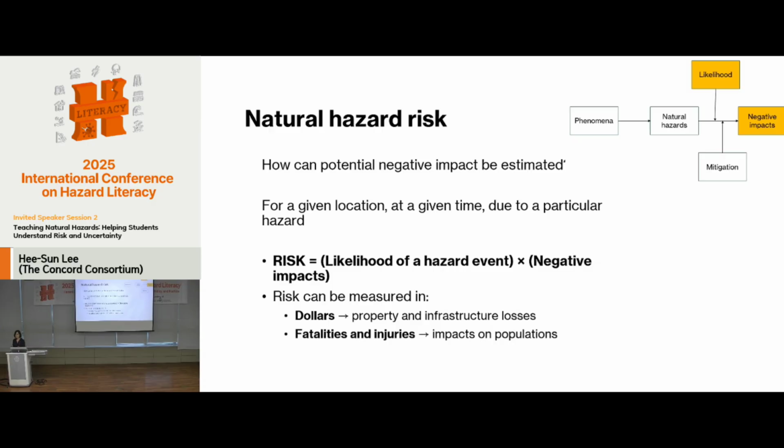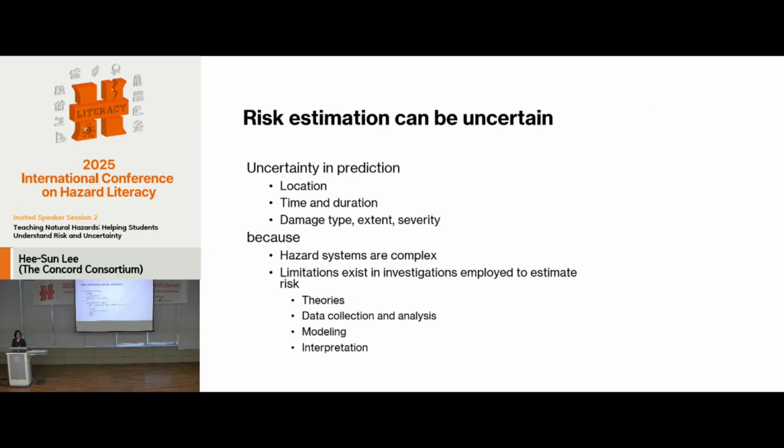Risk is location specific because it's a natural hazard case, at a given time, and for a particular type of hazard. So we defined risk this way before we designed the activity. Risk is not general, risk is specific to location, time, and people, and for a particular hazard. And we wanted to address likelihood and negative impacts together as well.